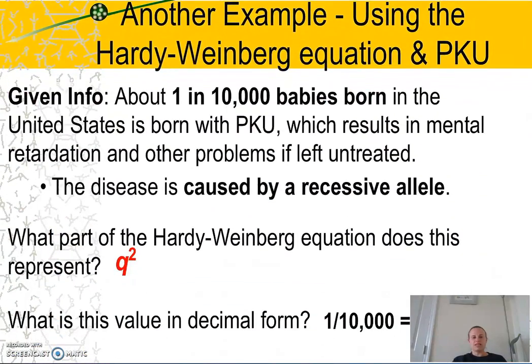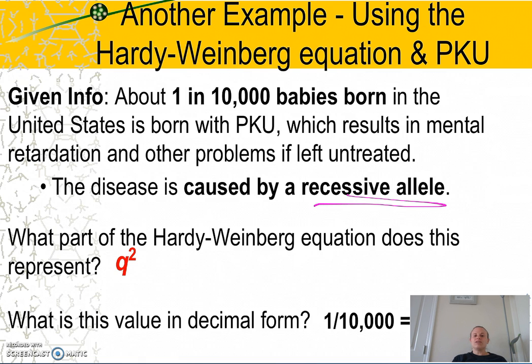However, what if I'm given this example? I'm given the information that 1 in 10,000 babies born in the United States are born with PKU, which is caused by a recessive allele. Now I'm given the number of individuals. Because I'm given the number of individuals, I'm talking about that first equation. I'm not talking about allele frequencies.